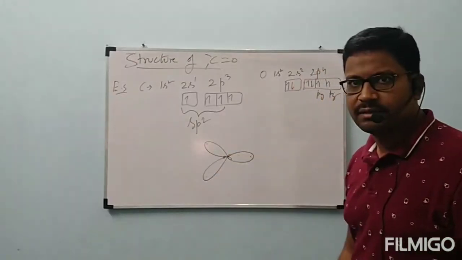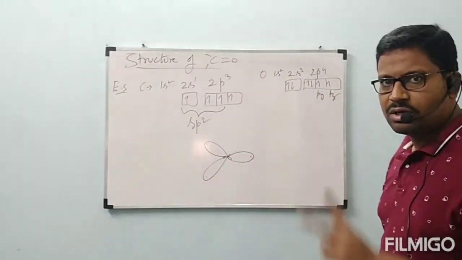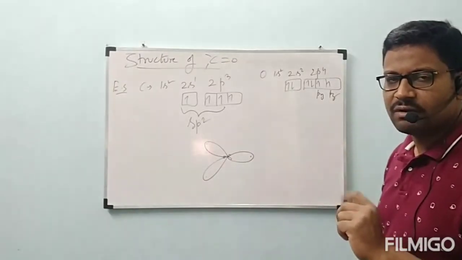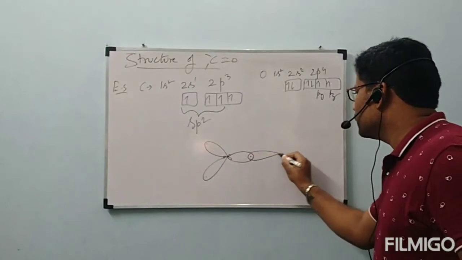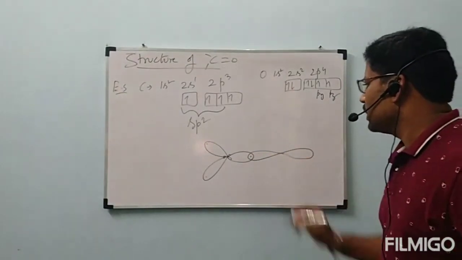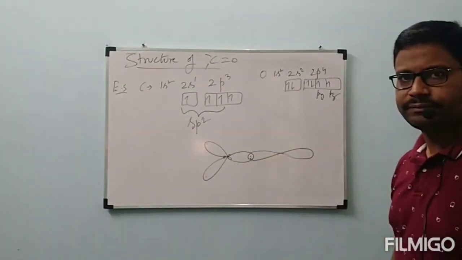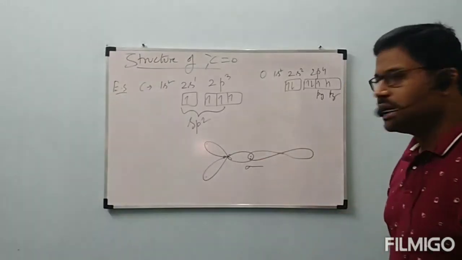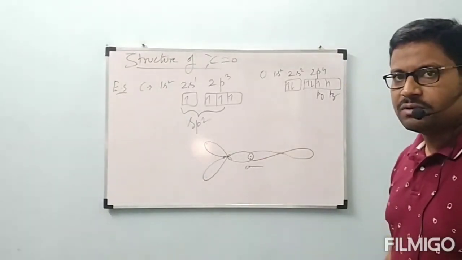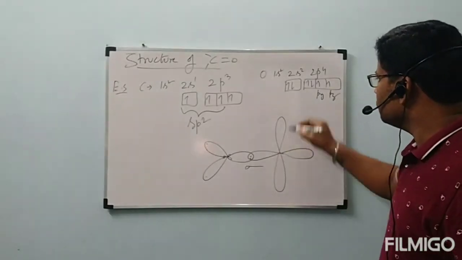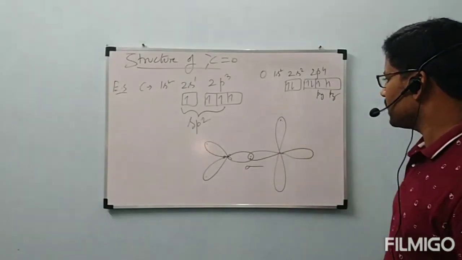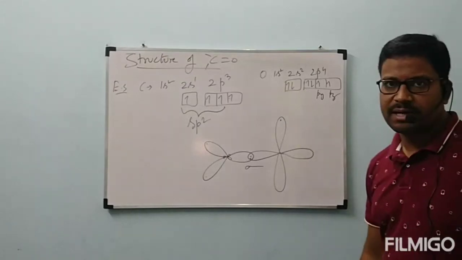This is about carbon. Next, coming to oxygen. We have two orbitals with one unpaired electron each. By using one orbital, it will be involved in the sigma bond. Then what about the other one? The other remains as an unhybridized pz orbital, a normal atomic orbital, containing one unpaired electron.